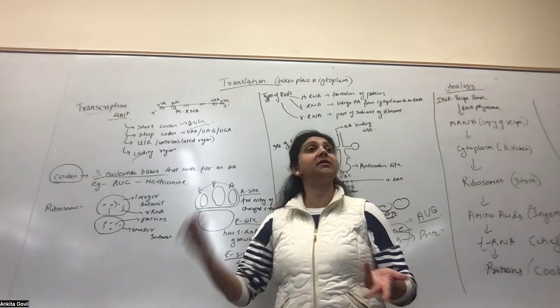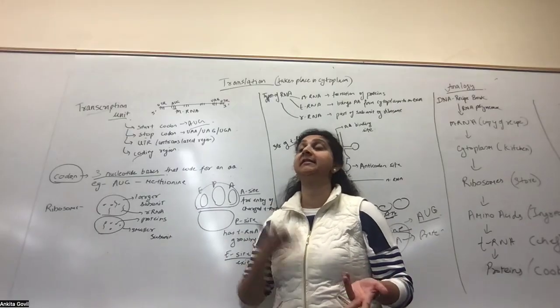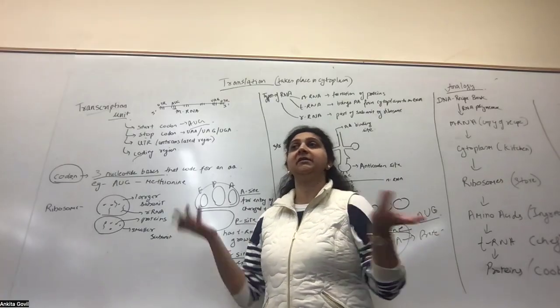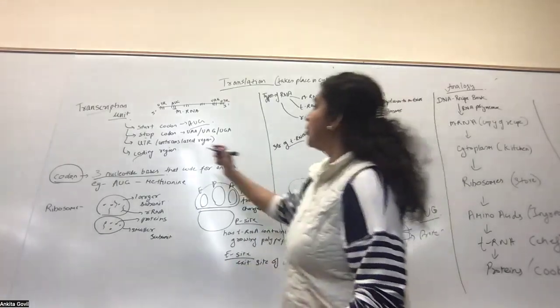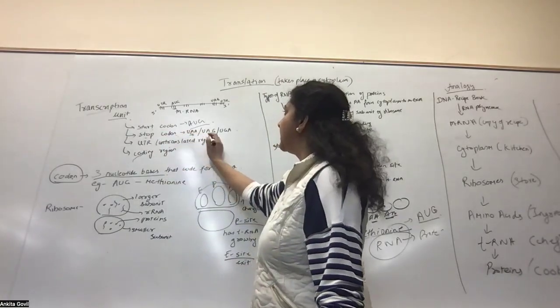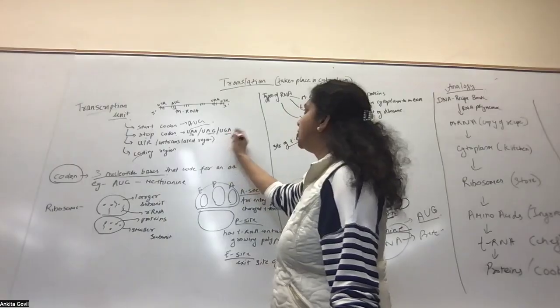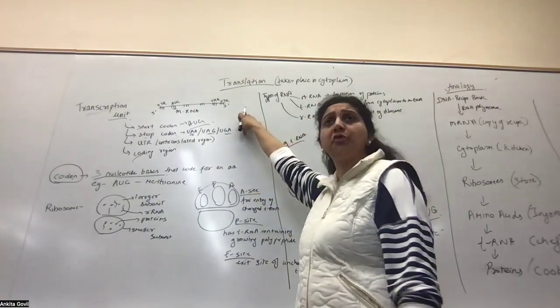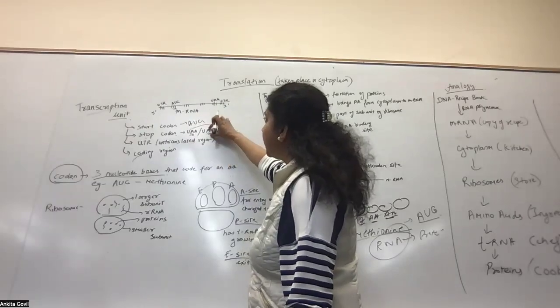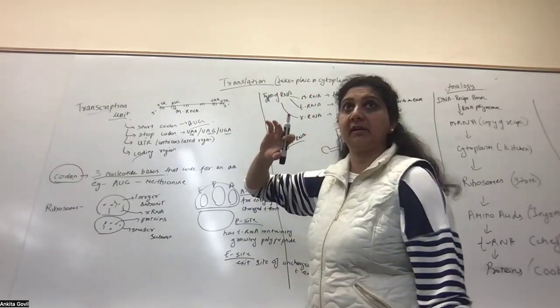Otherwise, it will keep on synthesizing, and anything in excess can lead to cancer or other happenings in the body, right? So the stop codon, there are 3 stop codons: UAA, UAG, UGA. You don't have to remember them, but just to know, there are 3 stop codons that are fixed.